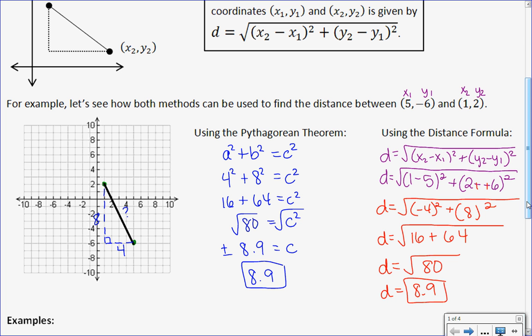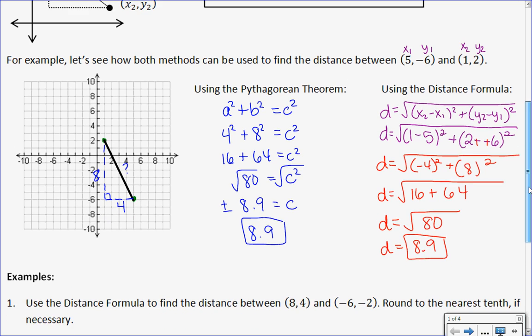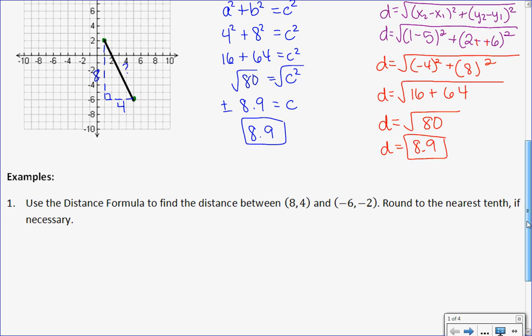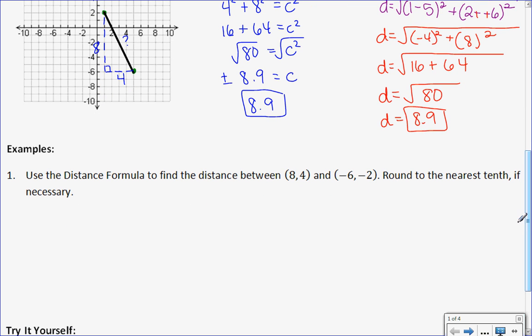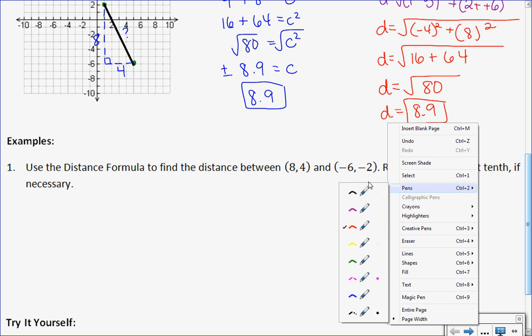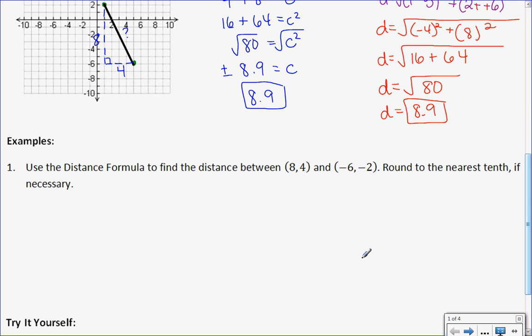So the distance formula obviously has some advantages that Pythagorean theorem does not. Now most of the problems we will work with will be small, manageable numbers, but still you want to get practice with the distance formula since it's something new, and because it's a little bit better to use than Pythagorean theorem. So for the rest of the problems we will use the distance formula instead of Pythagorean theorem.